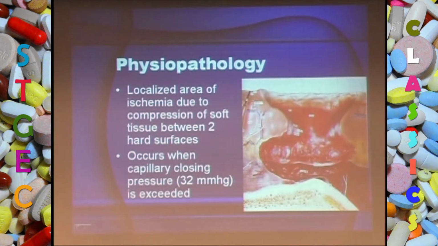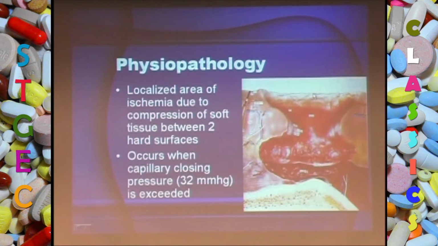And this is just showing you again the kind of damage or crater that we'll see. And again, this tissue has been compressed between the outside world, some kind of a hard surface, and a bony prominence. And so this ischemia has caused cell death and necrosis. And many times, because, as I mentioned, the muscle is more susceptible, you may see a wound that's bigger at the base than it is at the top.